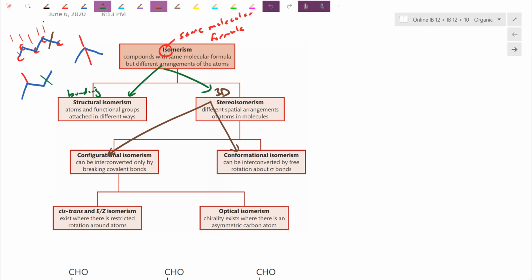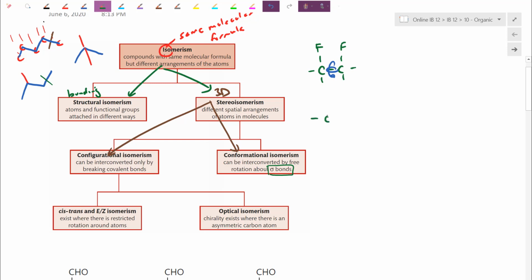A conformer is essentially, I mentioned this yesterday, we know for a sigma bond, overlap along the internuclear axis, there's already free rotation. So for example, let's take ethane. Let's say I have fluorines on my ethane. Because this is a single bond, it allows for free rotation, so this is going to be one conformer.